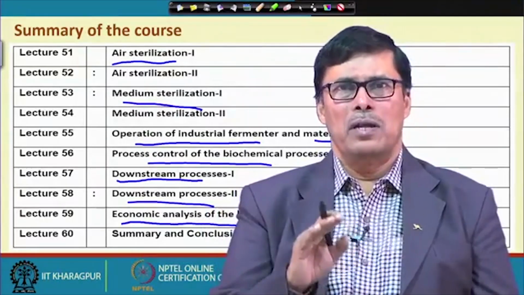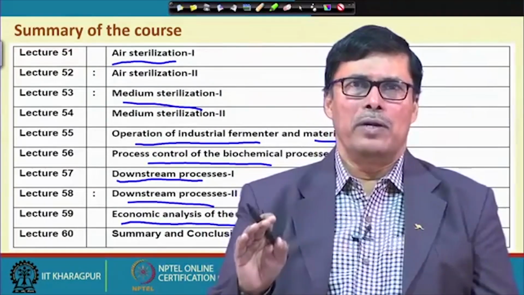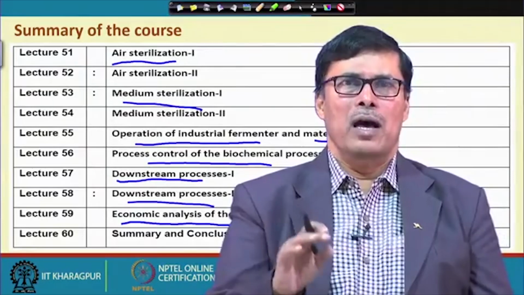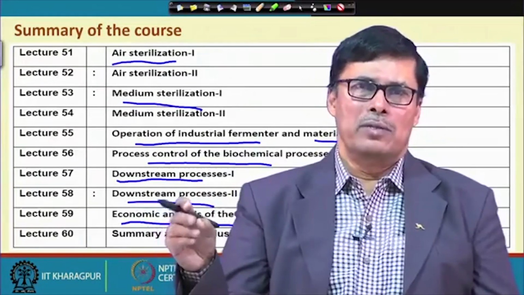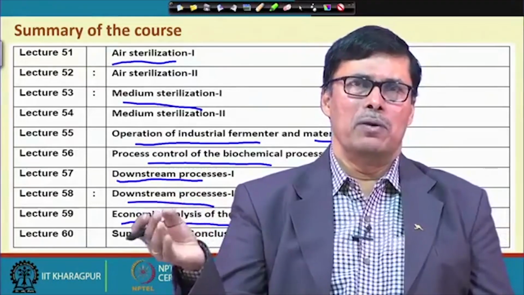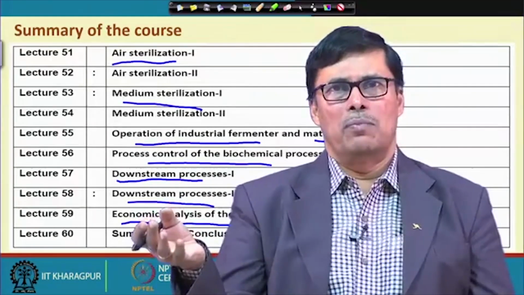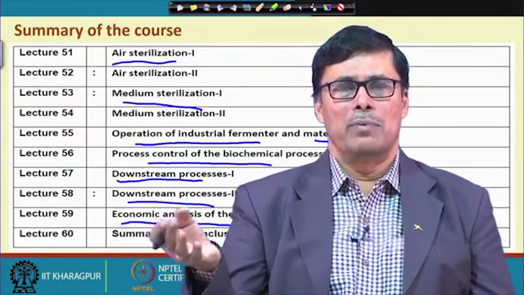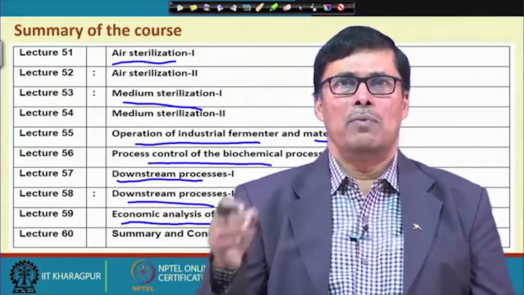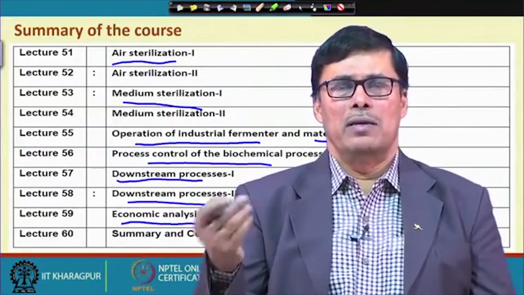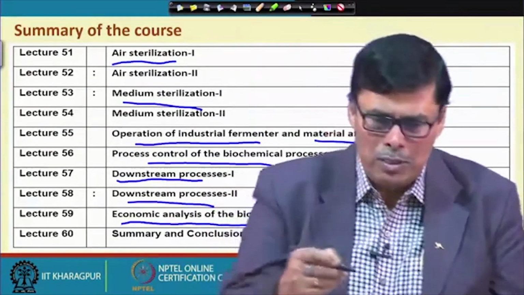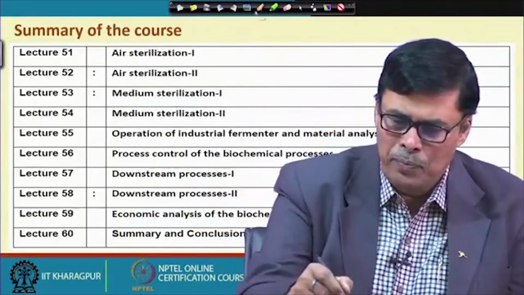How you calculate the fixed expenditure and the operating expenditure, we compare with our selling of the product, the price revenue we get after selling the product. From that we can calculate the profit you gain in a particular industry. So all this information we have given.